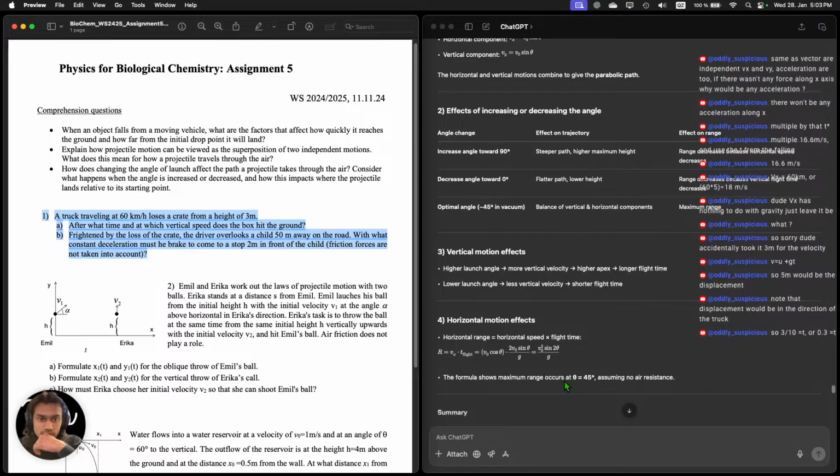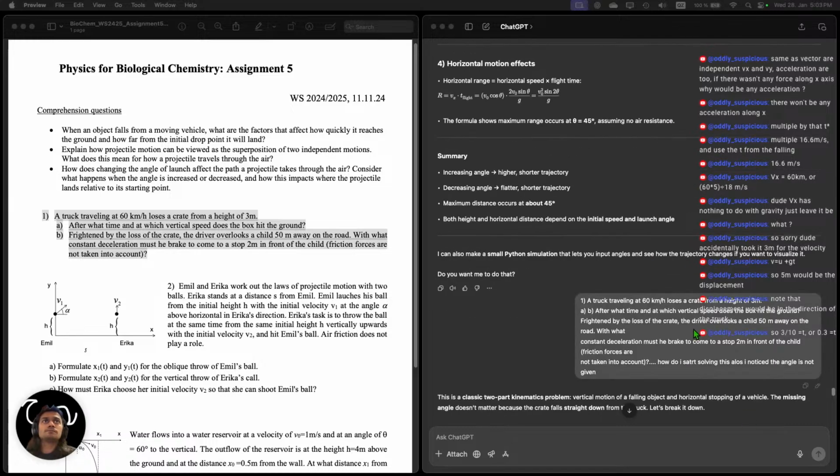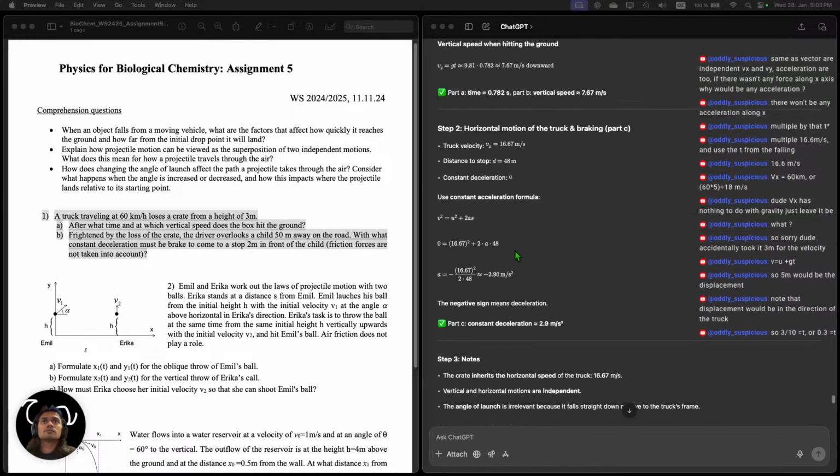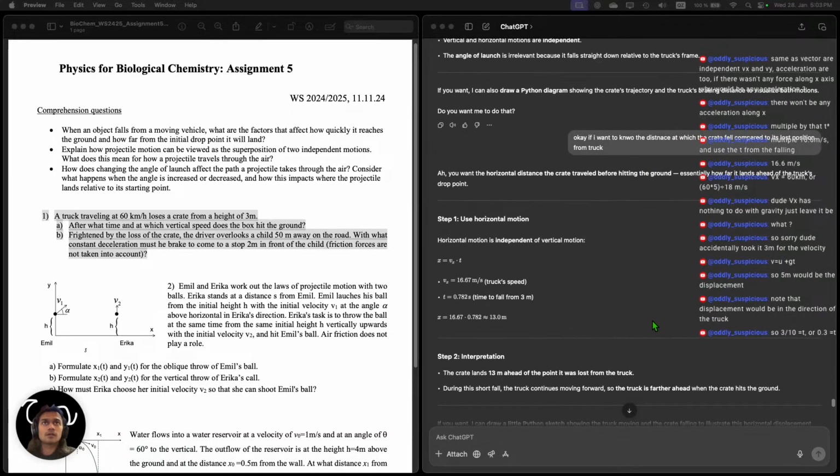If there wasn't any force along the x-axis, why would there be any acceleration? Okay, I kind of get it. 2.90. That I somewhat get. Okay.